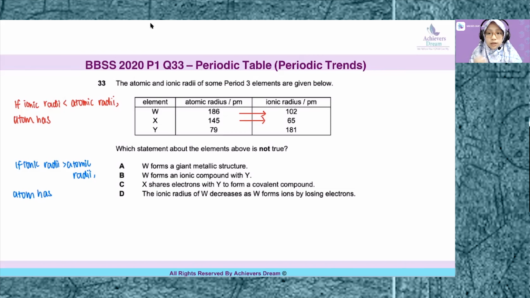If the ionic radius is smaller than the atomic radius, this means that the atom has lost electrons.